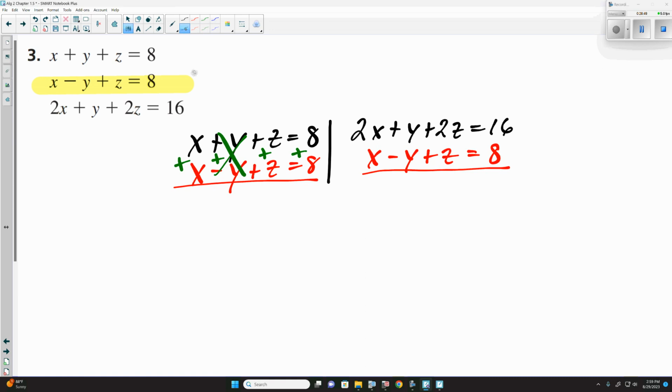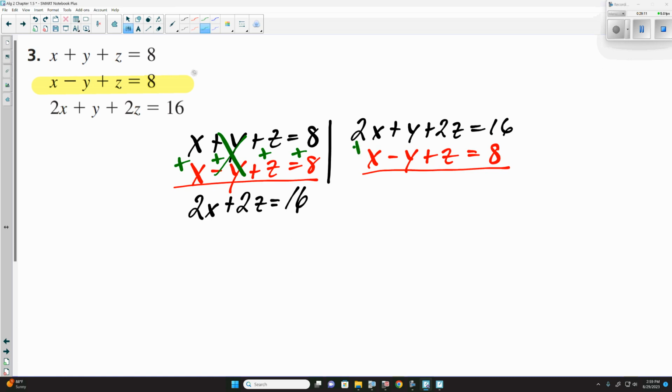And what that leaves us with is x plus x is 2x. z plus z is 2z, and 8 plus 8 is 16. We now have one of our equations with two variables. Let's look at the other side. Will we add or subtract?